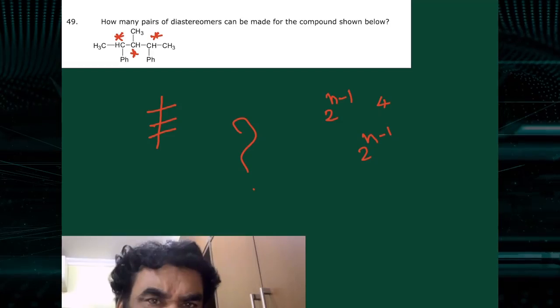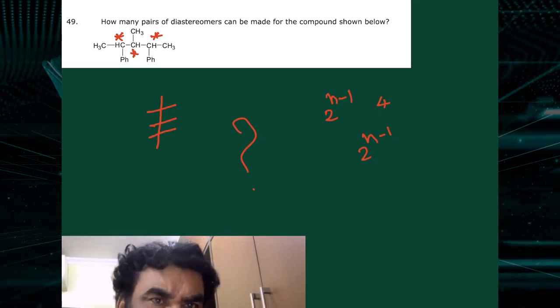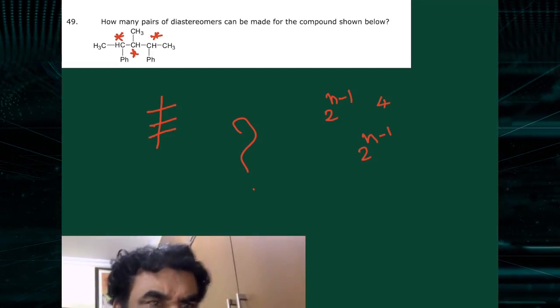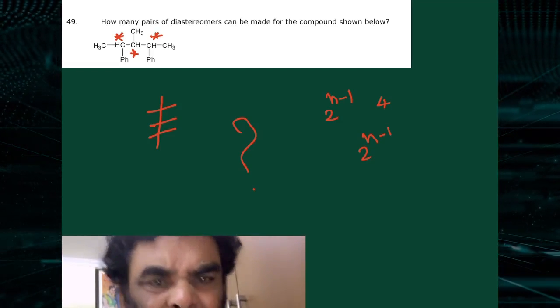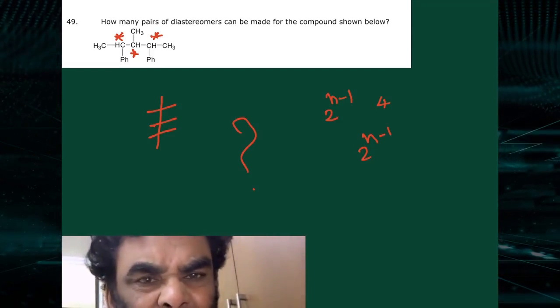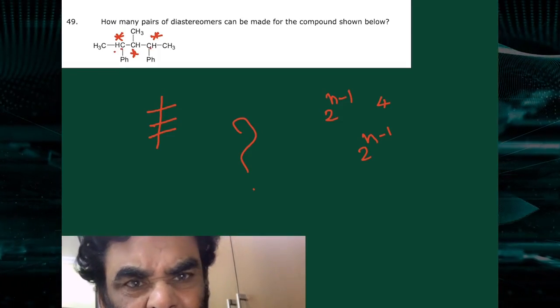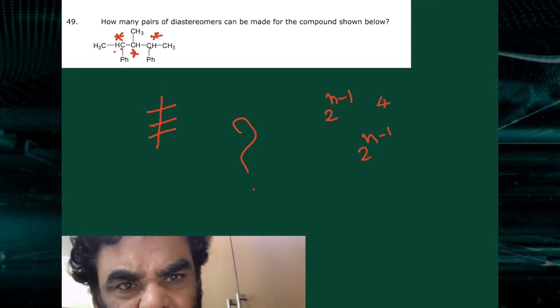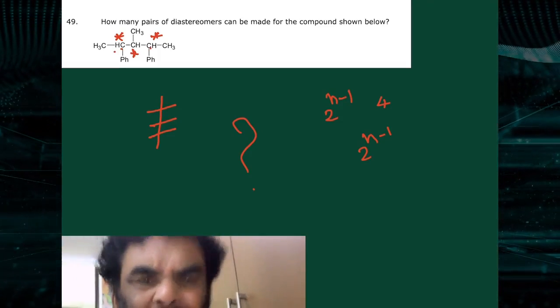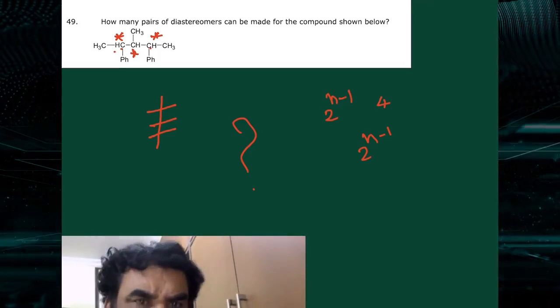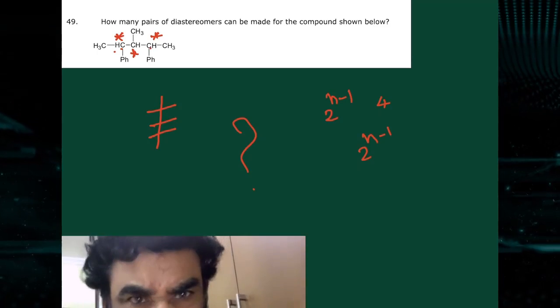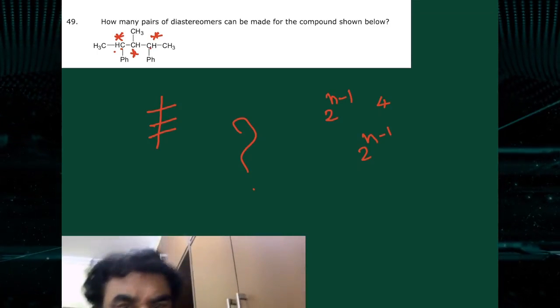And how many pairs of diastereomers can be made for the compound shown below? See how many there are here. This is 3 centers. There is 1 pseudo chiral center, an odd number, that is also taken as a chiral center. So 2, and it can be bisected into 2 equal halves.